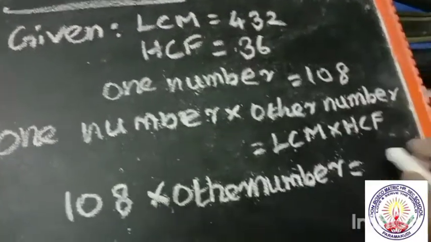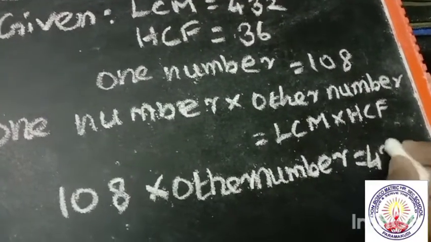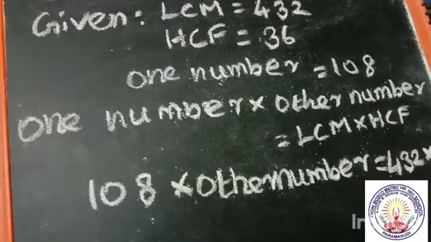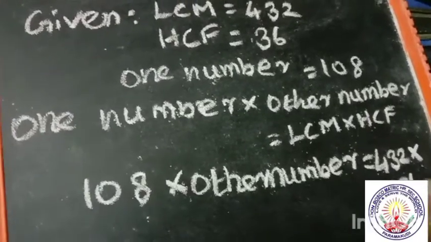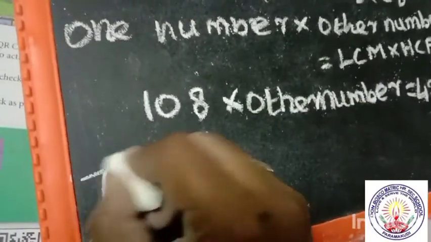What is LCM? 432 into HCF, which is 36. So we need the other number.